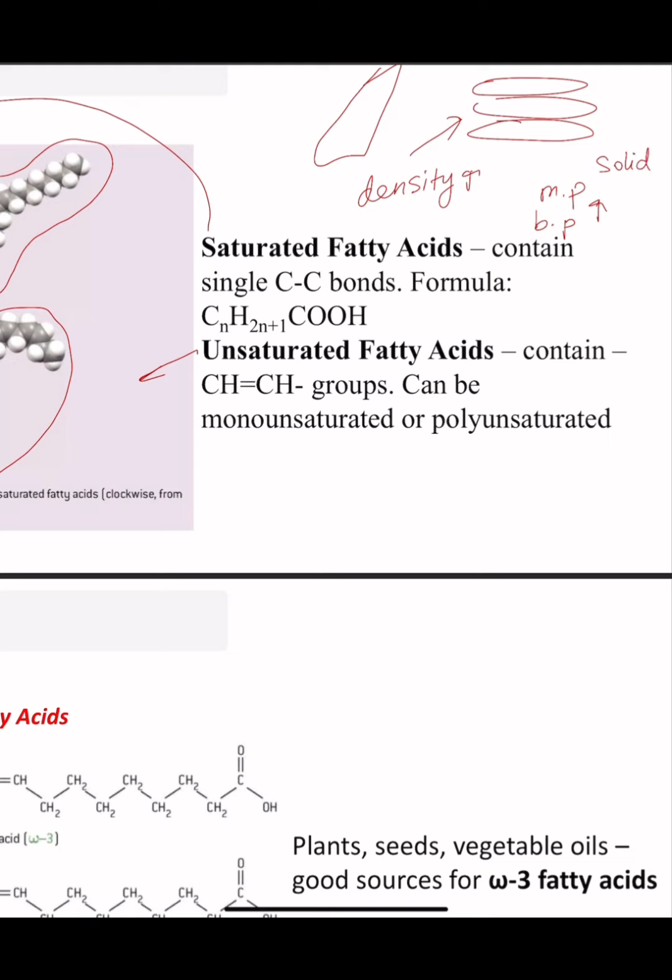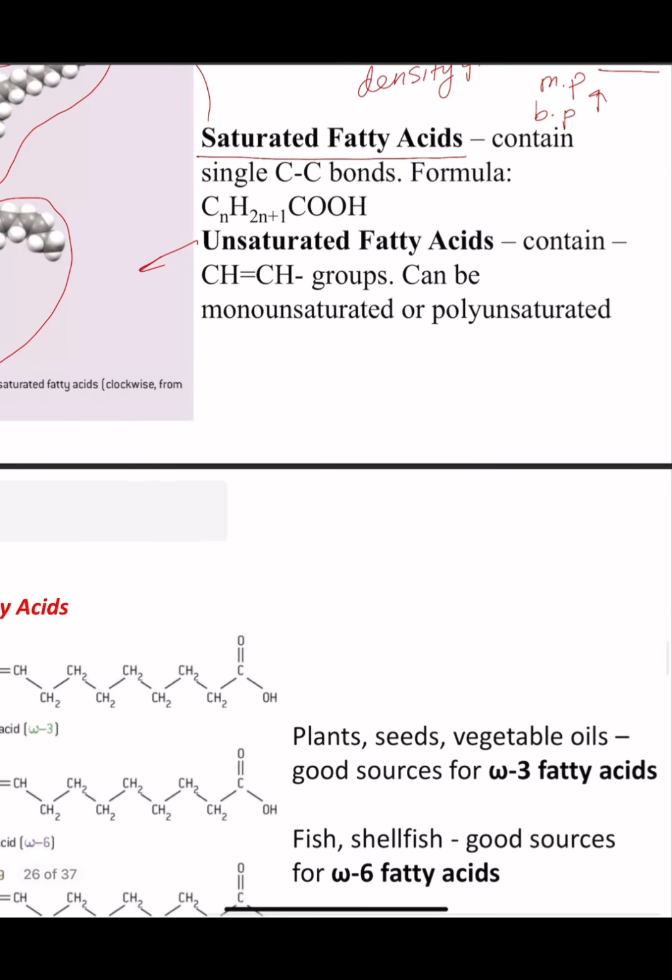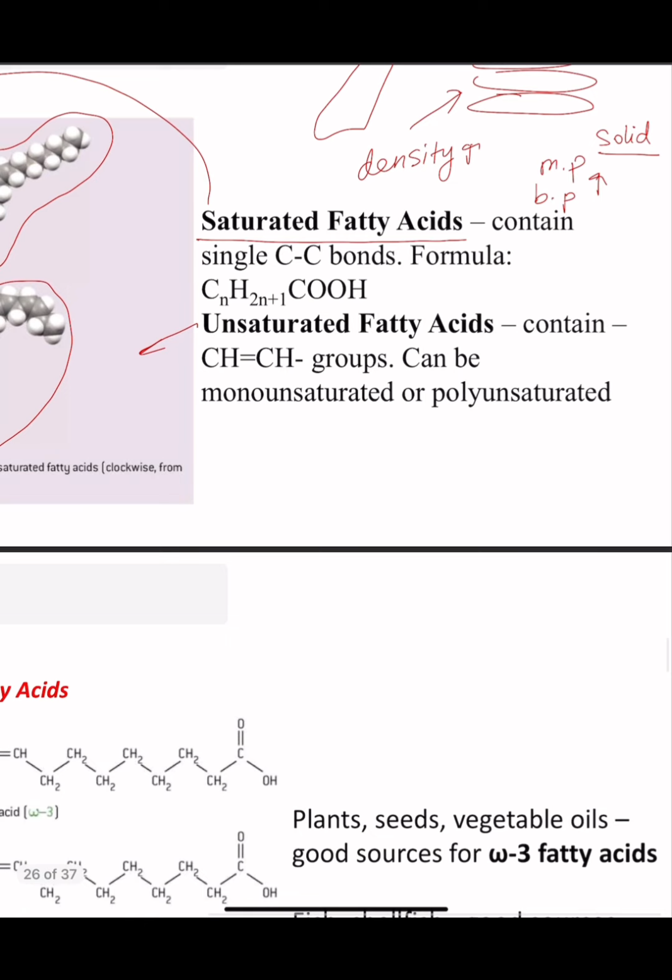For example, when you have more saturated fatty acid, you will have a solid structure. Okay, so you need to understand this. When you have saturated fatty acid, you will have solid structure, higher melting point, higher boiling point.